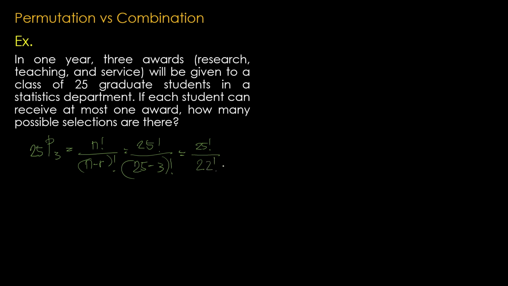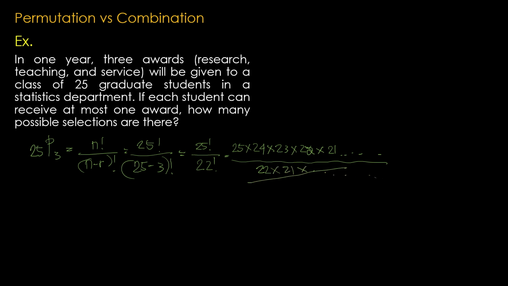Right? 22 factorial. So, what does 25 factorial mean? That is 25 times 24 times 23 times 22 times 21 and so on and so forth. Also, for the 22 factorial, that means it's 22 times 21 and so on and so forth.